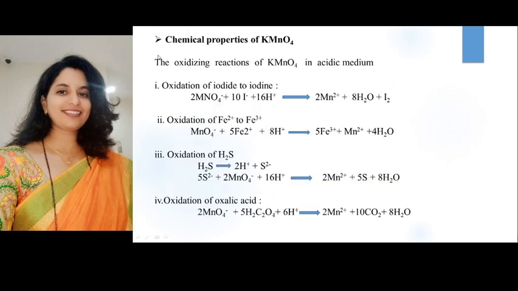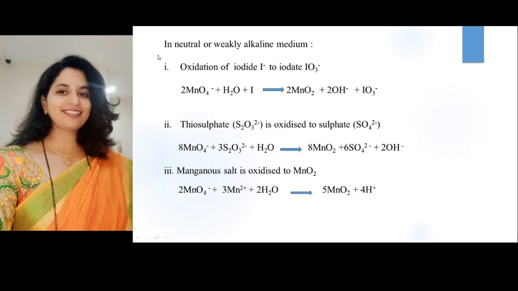Now we will see the chemical properties of potassium permanganate. As you all know, potassium permanganate is a powerful oxidizing agent. Oxidation of iodide to iodine. It helps in oxidation of Fe2+ to Fe3+, oxidation of H2S, oxidation of oxalic acid.